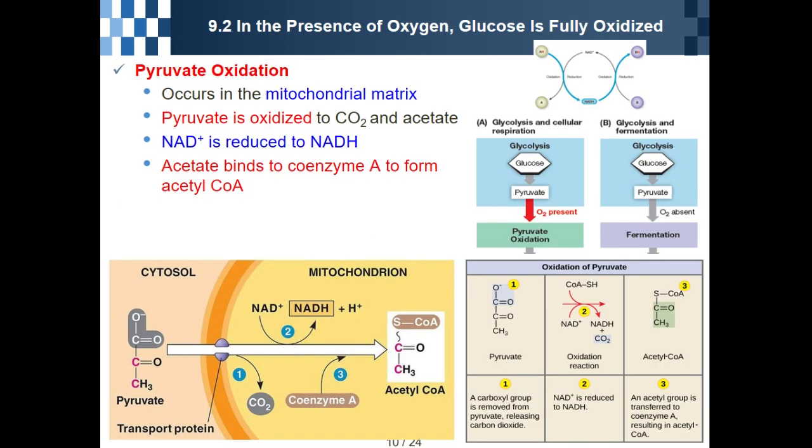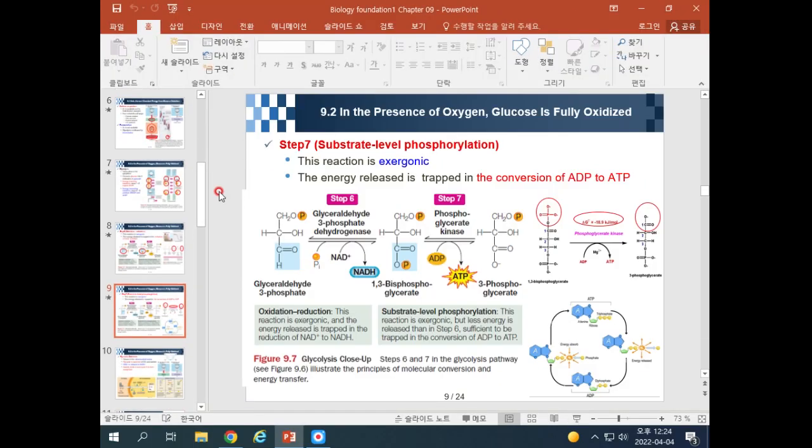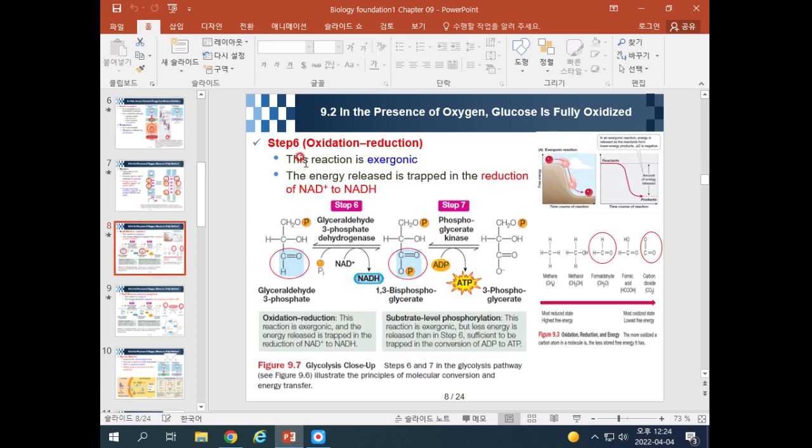Next, so this is glycolysis. Usually, in an advanced subject, I will teach you the specific detailed information, but today I will give you the basic concept: energy investing, energy harvesting, and also the special step 6 and step 7.